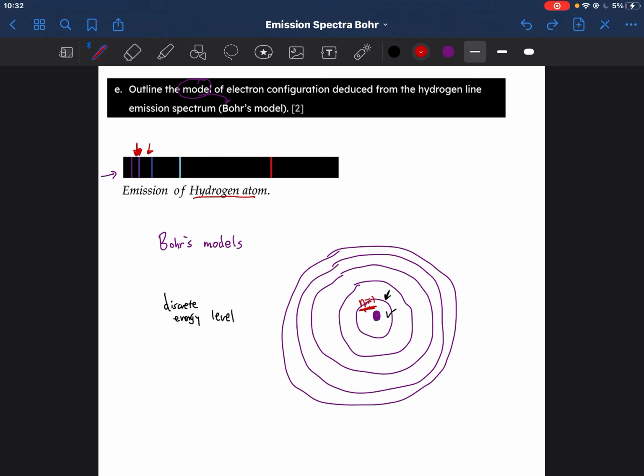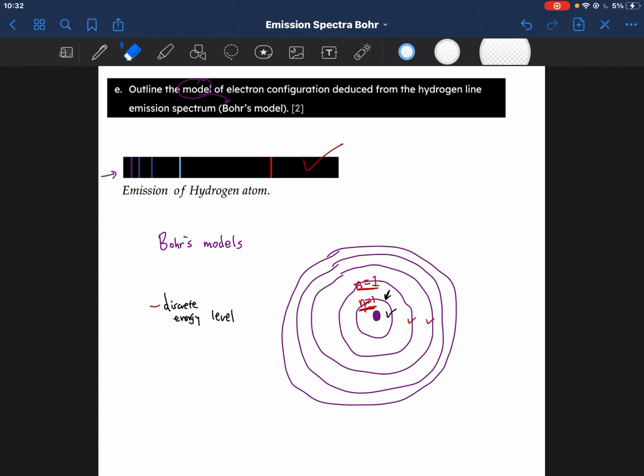It emits discrete amounts of energy. So you see discrete amounts of energy here, and that's why Bohr drew his model with these discrete amounts of energy. And so discrete energy levels, Bohr came up with this idea that at n equals 1, there's one energy that corresponds to n equals 1 by looking at hydrogen.